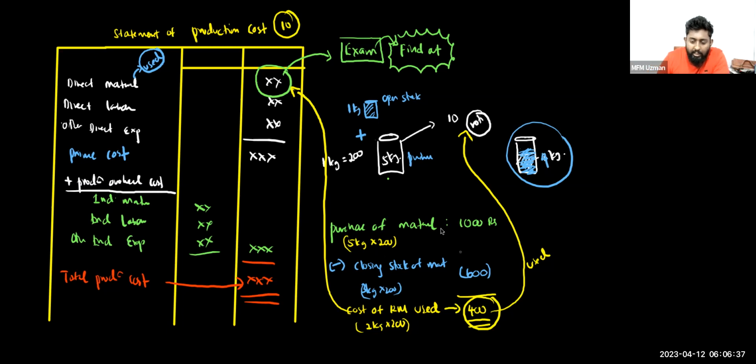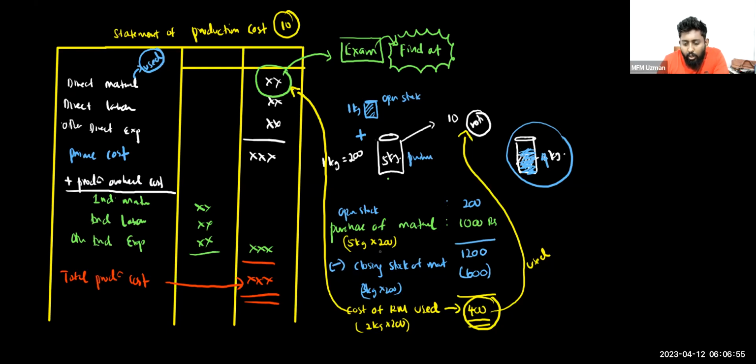Now look, that 6 kilos means the opening stock of 1 kilo, which is at the same price, 200, plus this 1,000. So look, 1,200, no.